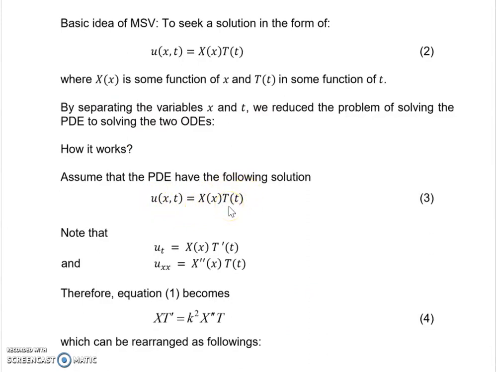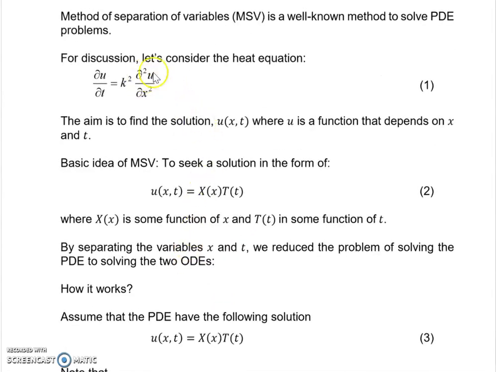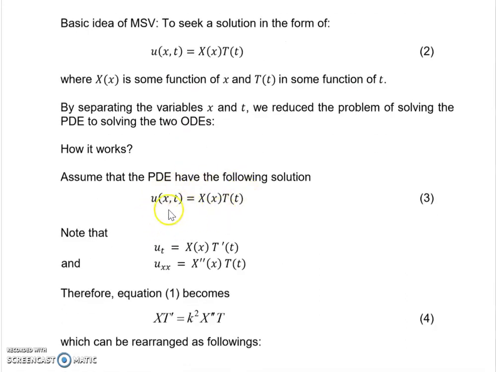With a partial derivative, if you want to differentiate with respect to t, the other variable, which is x, is regarded as constant. So you differentiate with respect to t only, that's why we have X times T prime. Similarly for u_xx, del squared u del x squared, the second derivative of u with respect to x: we differentiate u with respect to x twice.